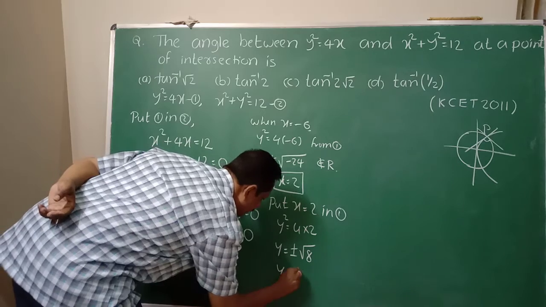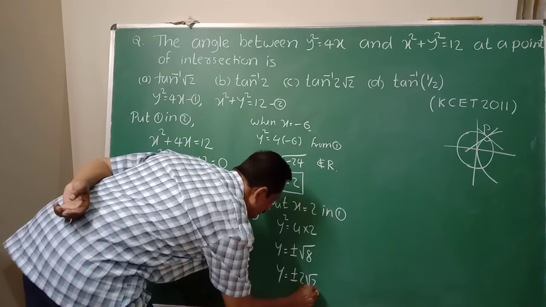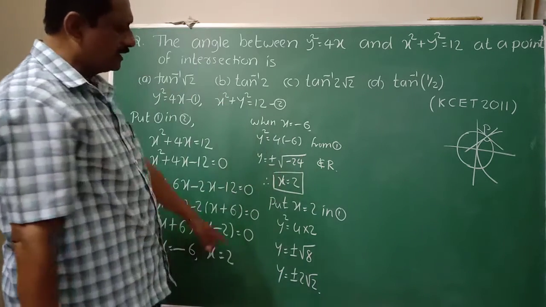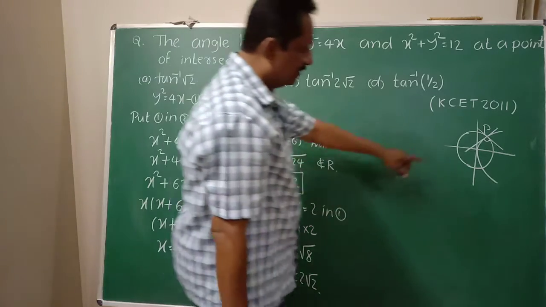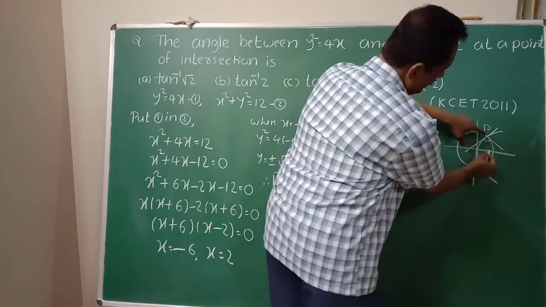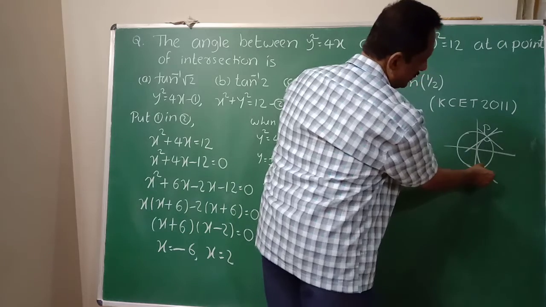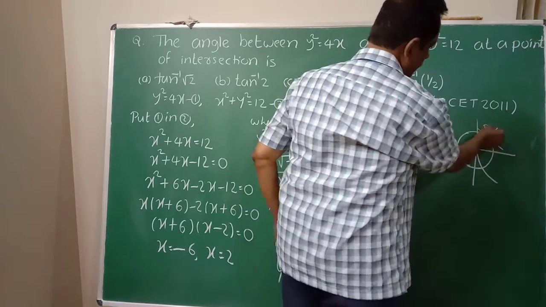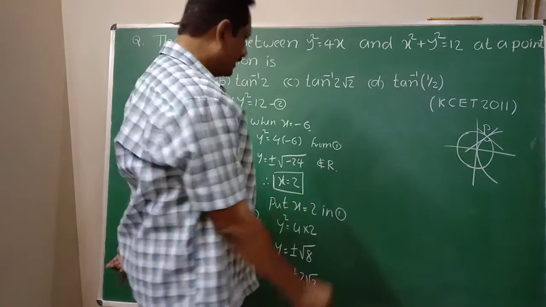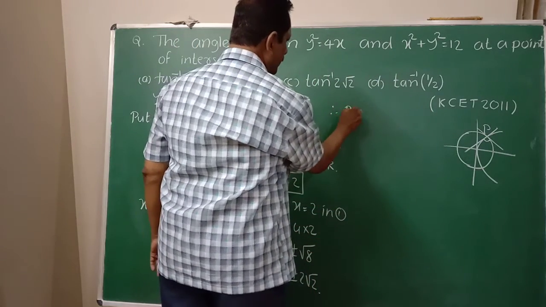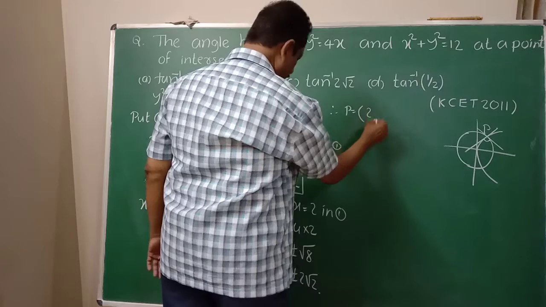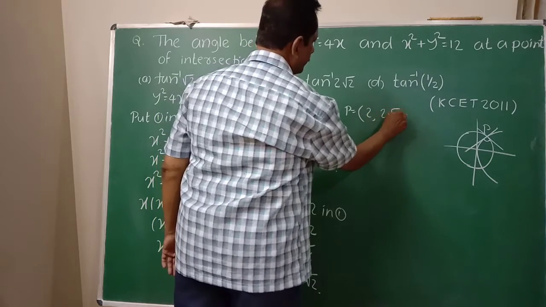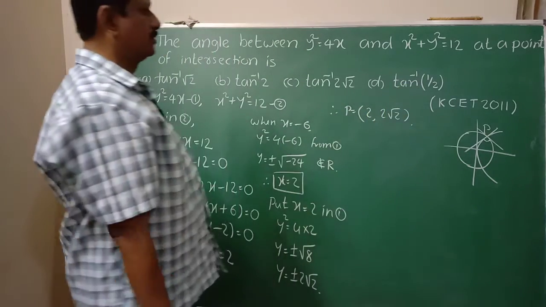So y is equal to plus or minus 2 root 2. Okay. Take a plus sign only, because you will get 2 points here. One point is this one, other point is this one. So at both points they are having the same angle here. Therefore take only the positive value. Therefore your point P is 2 comma 2 root 2 here.